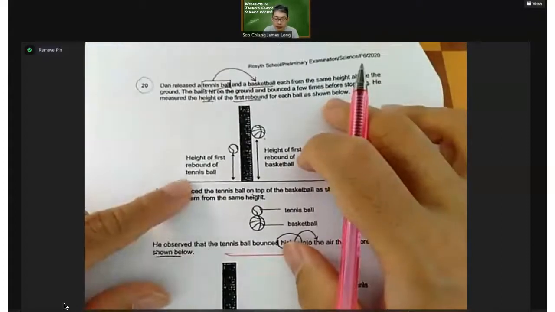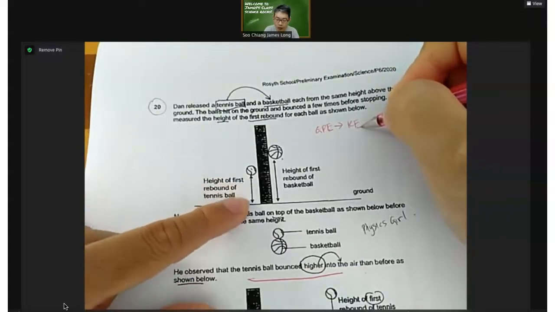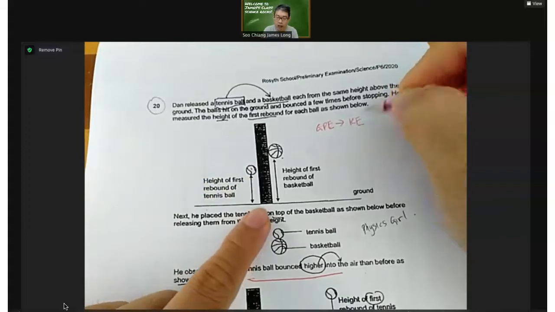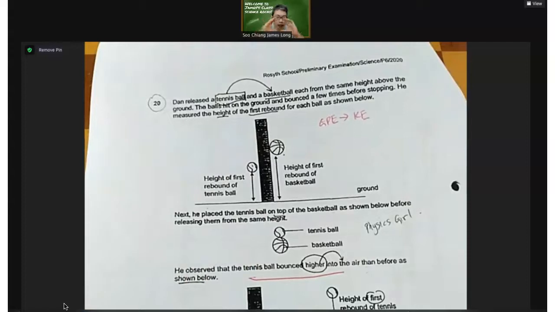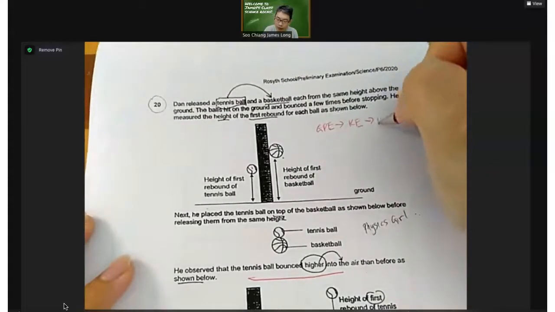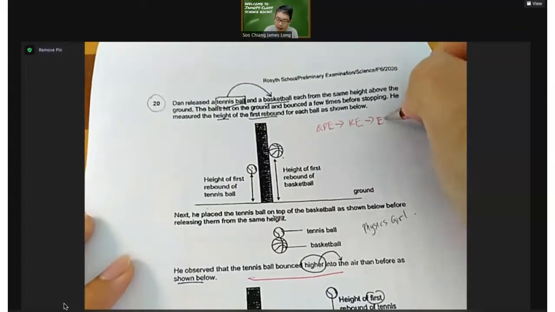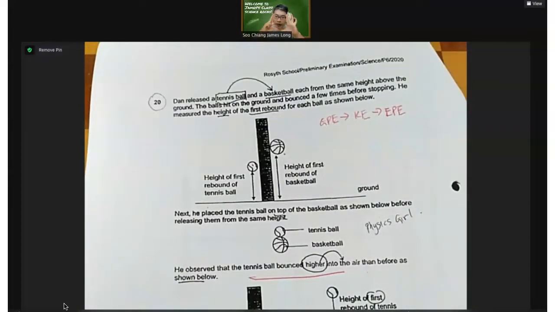Now, previously here it bounces up. How? Here the GPE at first in the tennis ball converts to KE of the ball as it moves down and hits the ground. The tennis ball is hard, but if you try it, can you compress it? You can compress it slightly, and that will convert into elastic potential energy, because when you press down the tennis ball lightly and let go, it's like a spring.